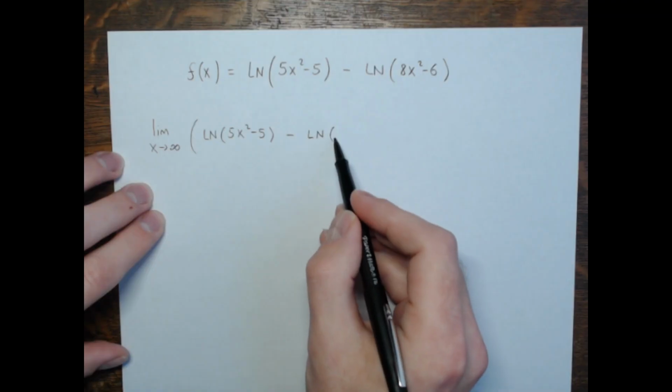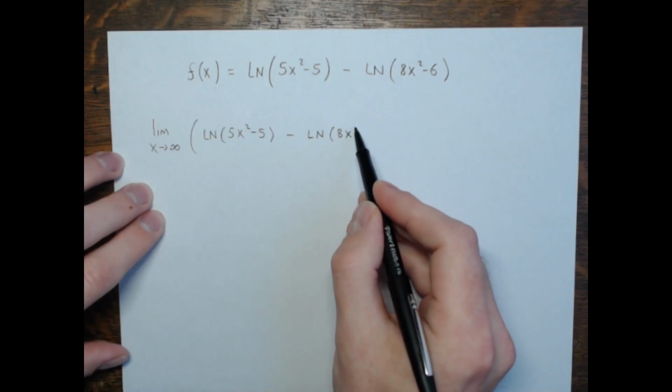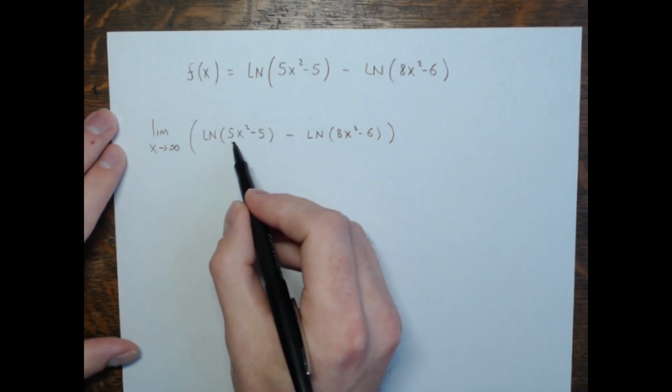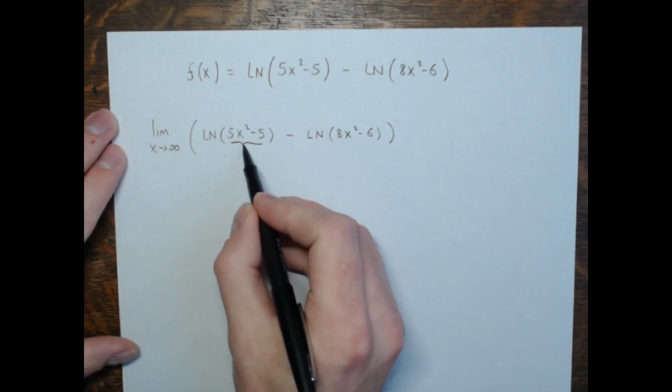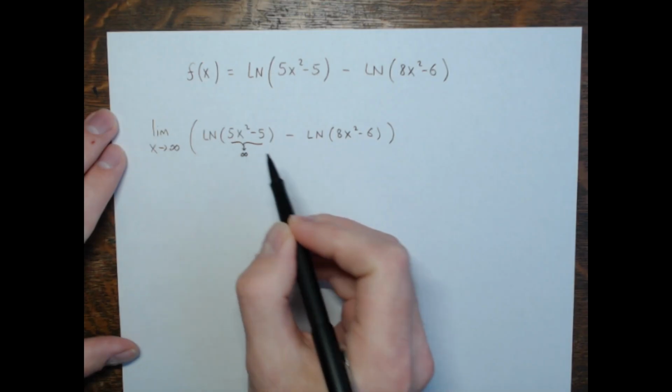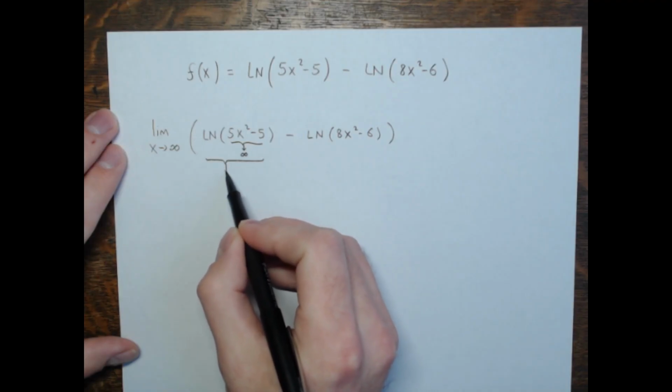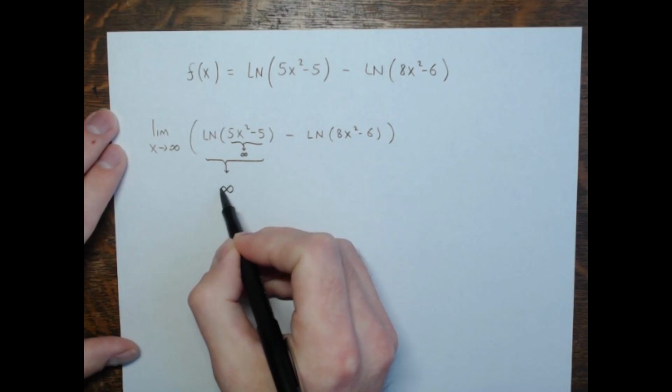Now, if I just left it this way and thought about what happened to the expression as x got large, again, this expression inside this log would be getting very large. And so remember, the natural log of a large number is also large. So this would be going to infinity.